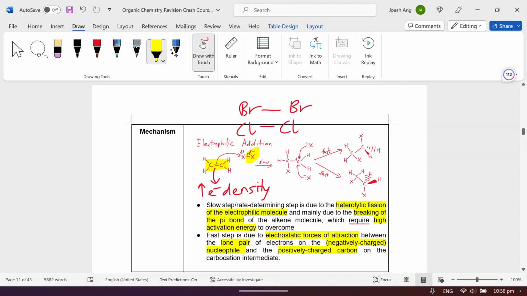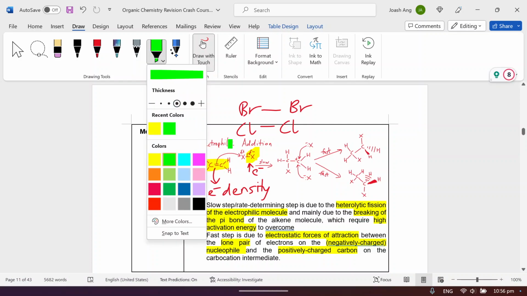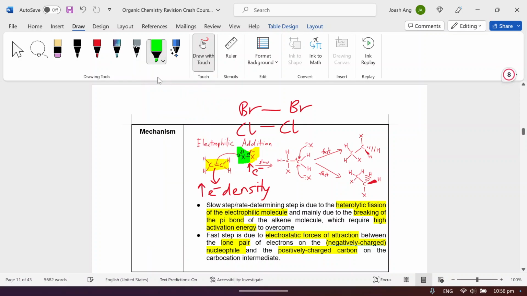So this part is the part that has slightly higher electron density, whereas this portion right here is the part that has fewer electrons. Okay? It's based on the concept of like charges repel and unlike charges attract.